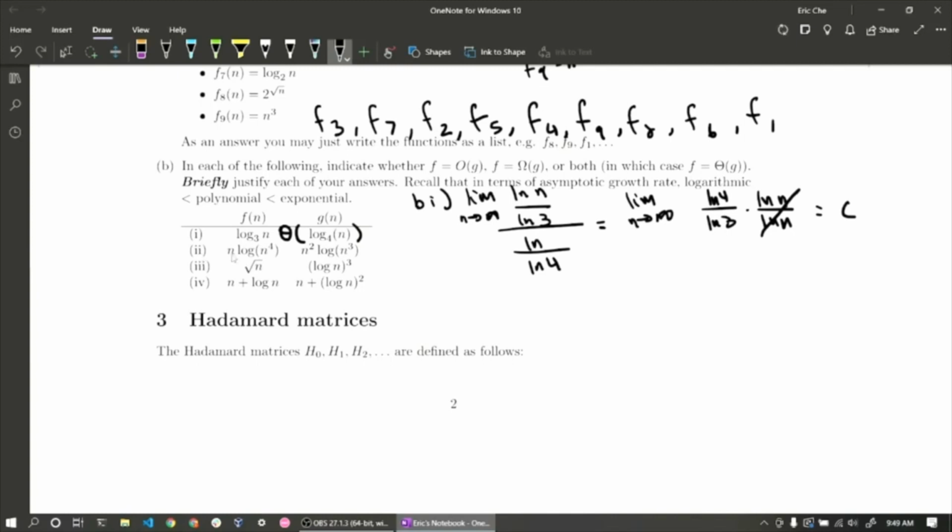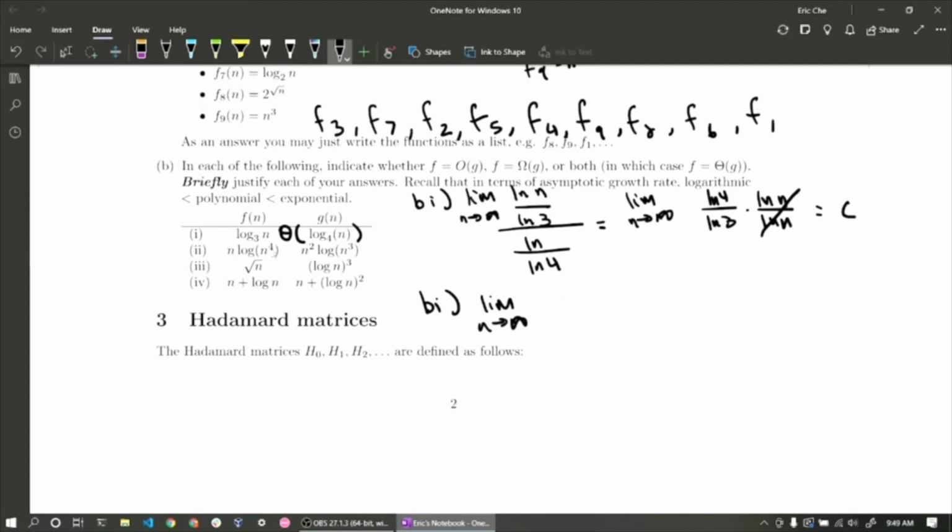B2, n log n to the power 4, n squared times log n to the power 3. Let's also take the limit, and then we can apply a couple of log laws to help us simplify this expression.